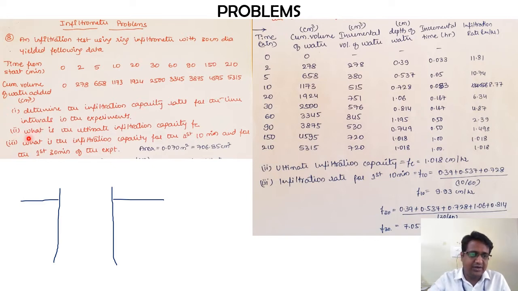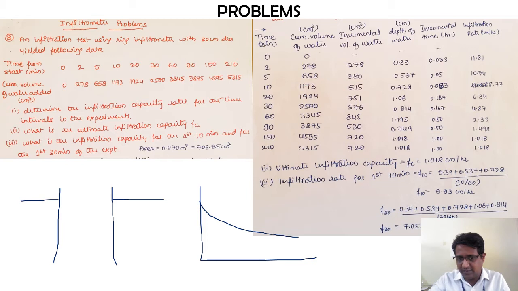Now the second point is, what is the ultimate infiltration capacity, fc? Here there will be a gradual reduction, and the final constant value that you are going to get is the ultimate infiltration capacity, which is what is being asked in the second part of this problem.